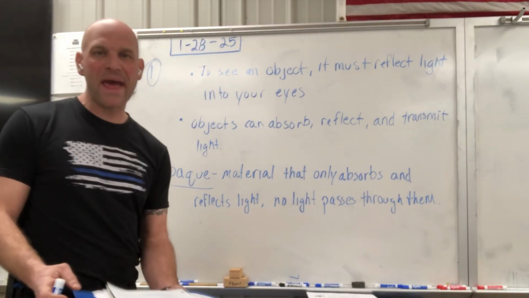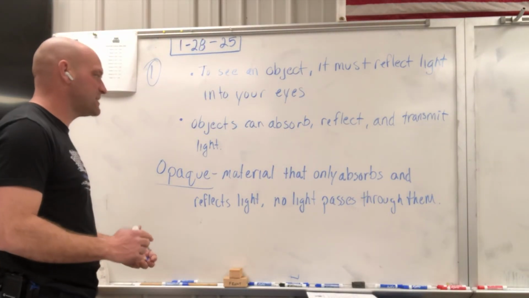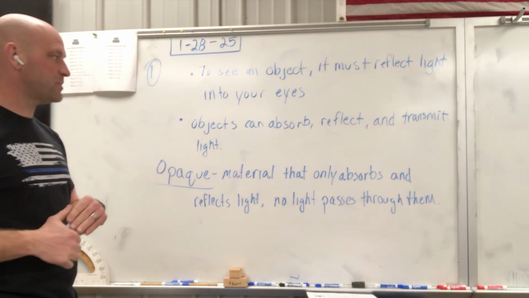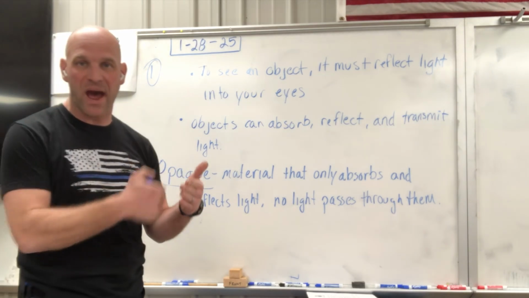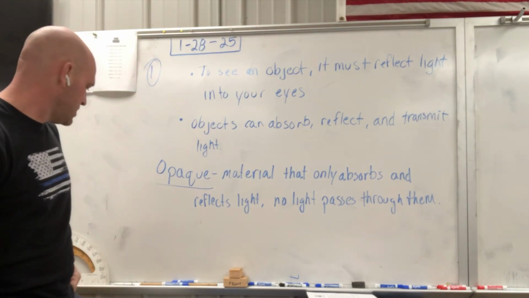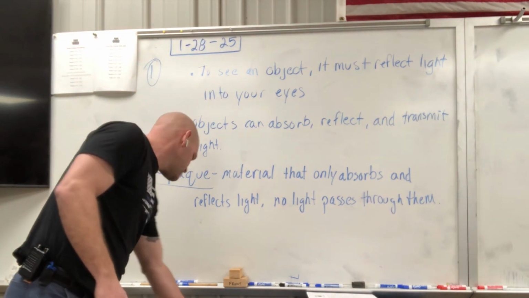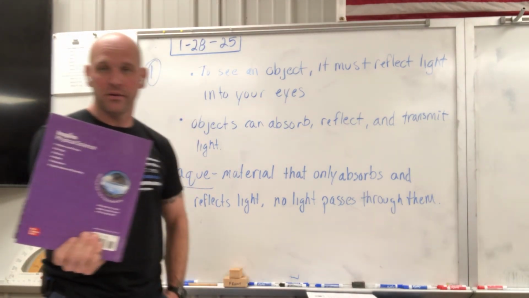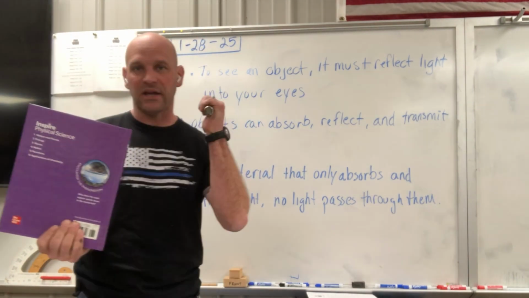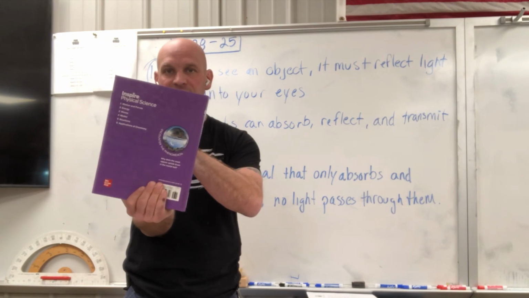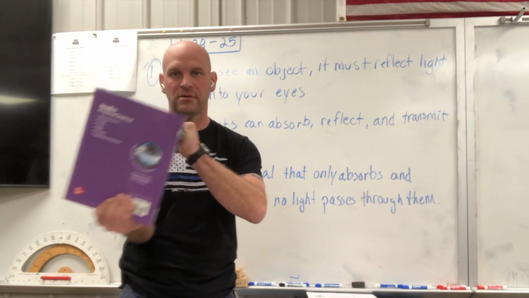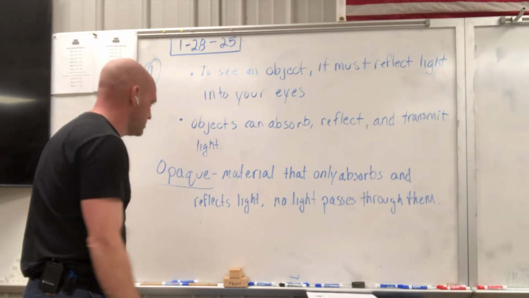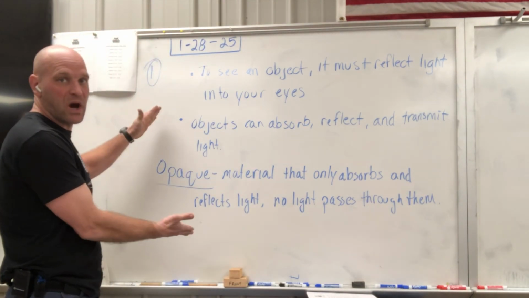If it's opaque, that means that it only absorbs light and reflects light, but no light passes through it. So, if we have a book here, and I have my flashlight, this is opaque. No light is getting through this. Pause it if you need it.